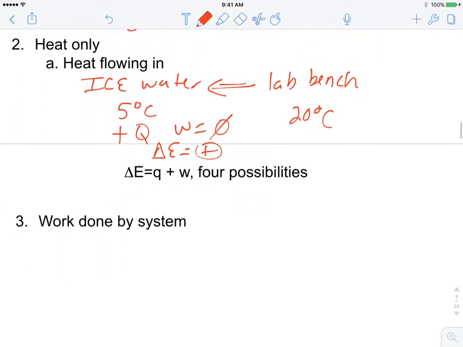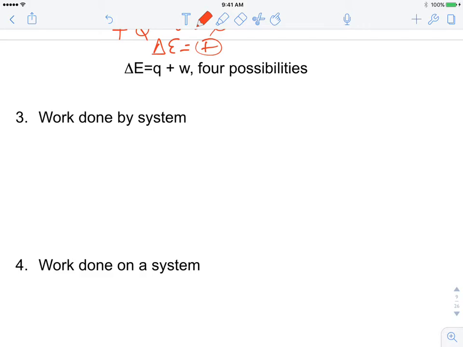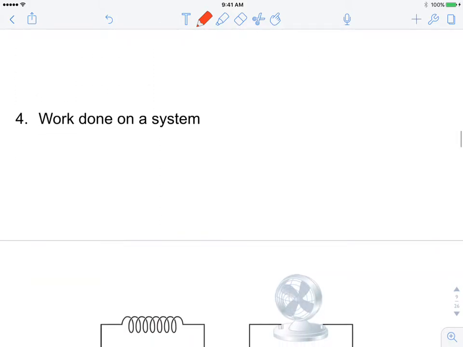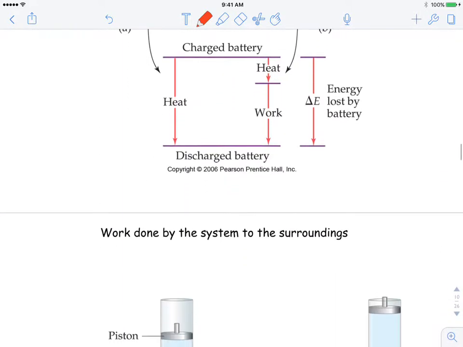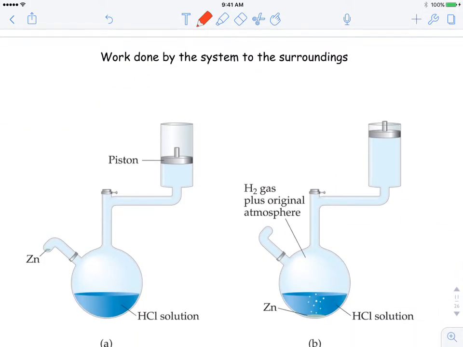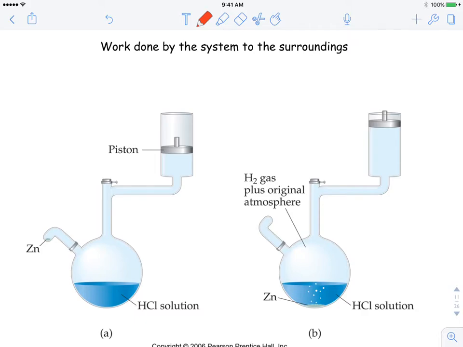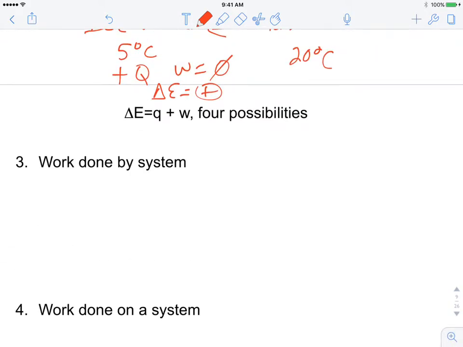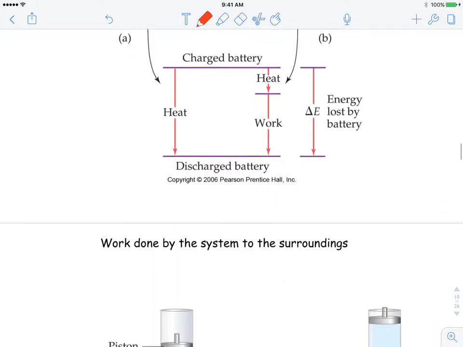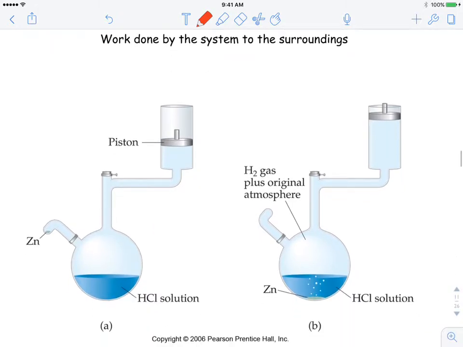Now what if we have a situation where we're doing work and we don't have any heat? So I have nice pictures down here. I'll show you on slide number 11. Here's the two situations. If we go down to slide 11, just to show you what is happening, we're making H2 gas here.